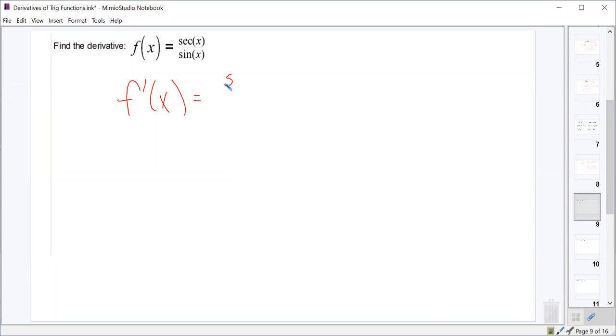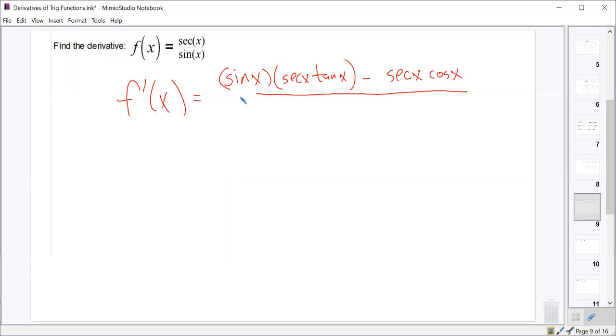Should give us sine x times the derivative of secant x, which is secant x tangent x, minus secant x times the derivative of sine x, all over sine squared. And we should be able to simplify this down a bit.